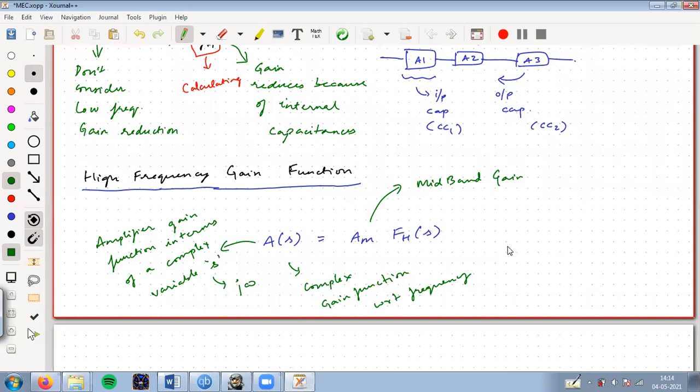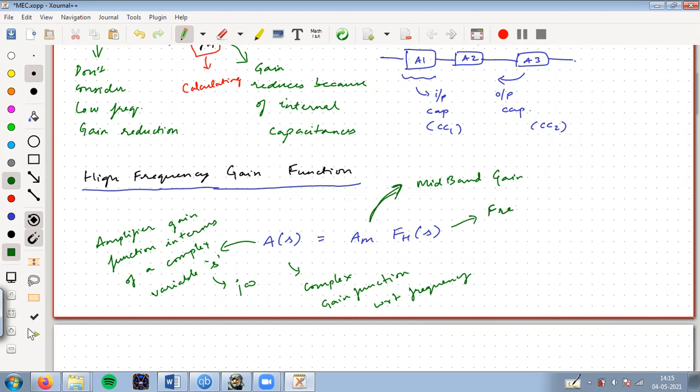If I assume them to be perfectly short circuited, whatever gain I calculate of the amplifier, that is the ideal gain which I get. It can't go beyond that gain.